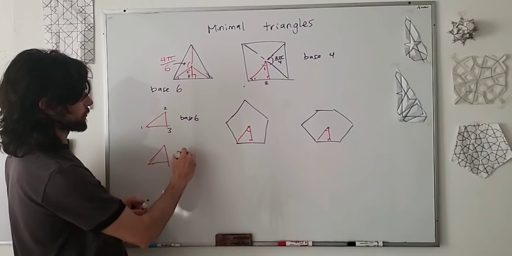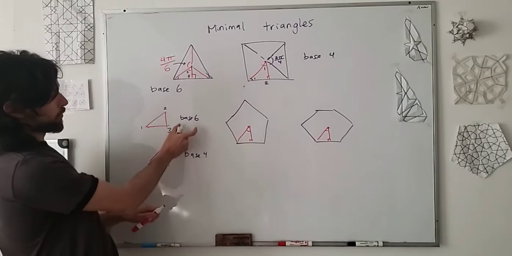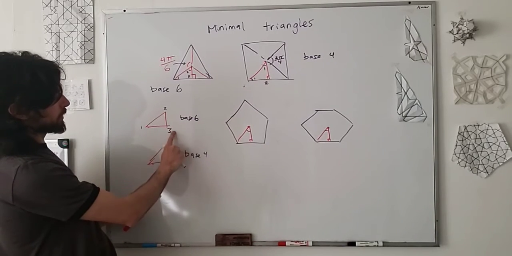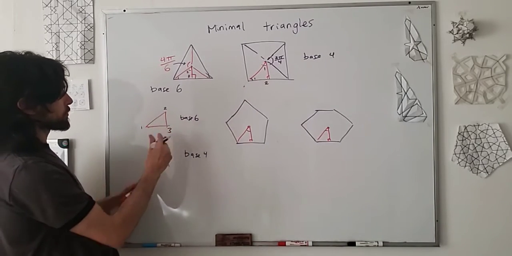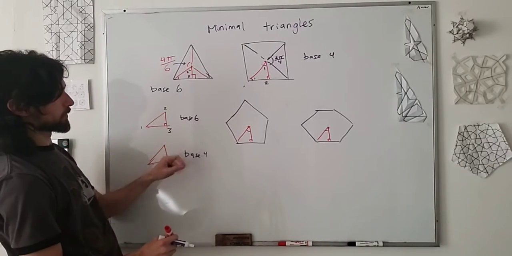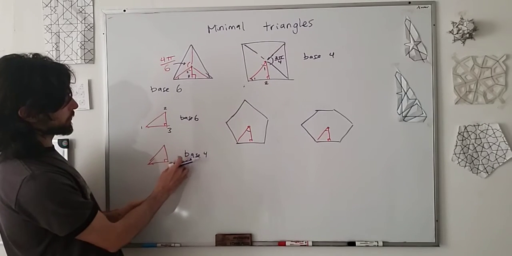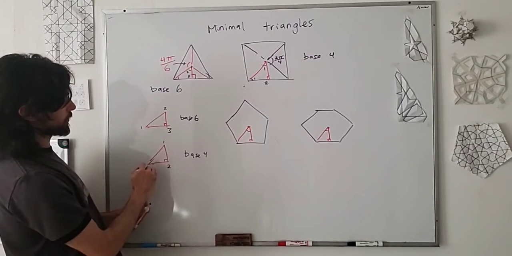This one's in base 4. Again, whatever number we have in the base is what these numbers have to add up to, and every angle is going to be half of this. So in base 4, this is going to be half of 4 pretty fast. So 2, 1, and 1.